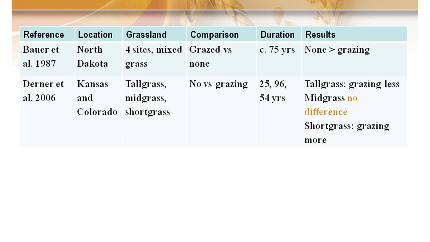And then this study shows, across the gradient of grass types and climates in the central U.S., that there can be differences or interactions with the grass types, so it depends. So we're now seeing studies confirming our conceptual model, but also starting to flip the other way, to situations where grazing is increasing carbon.